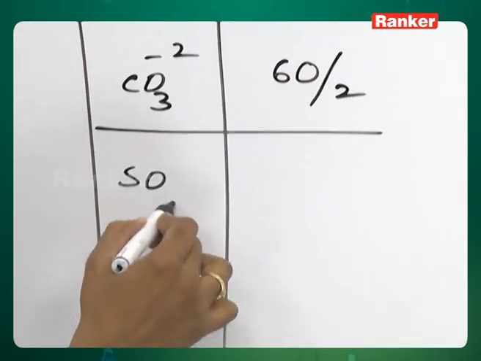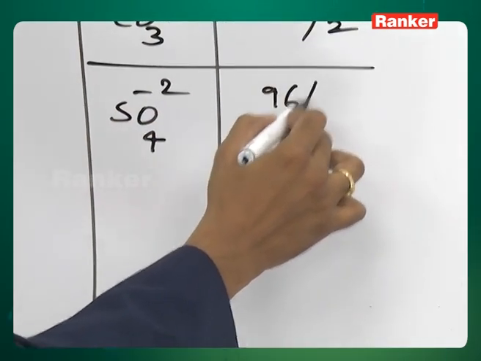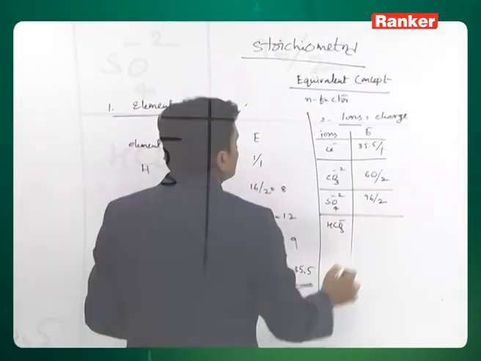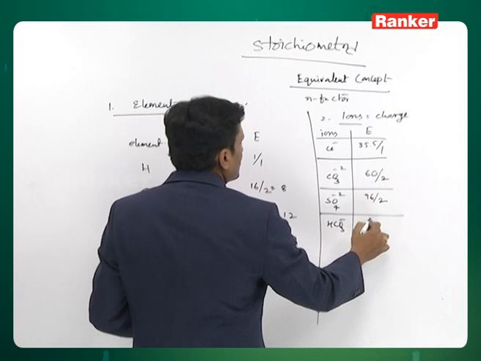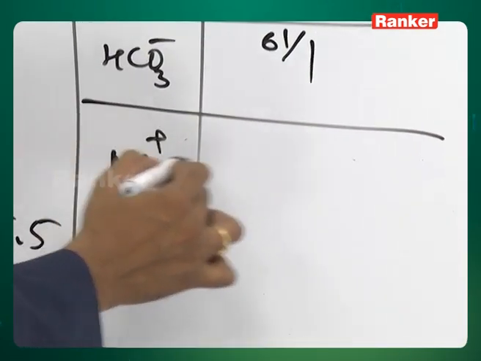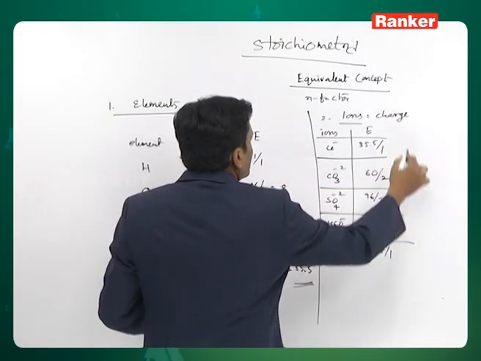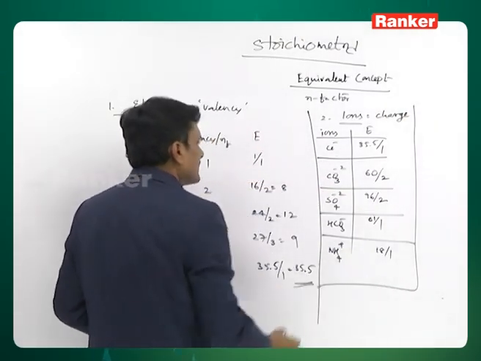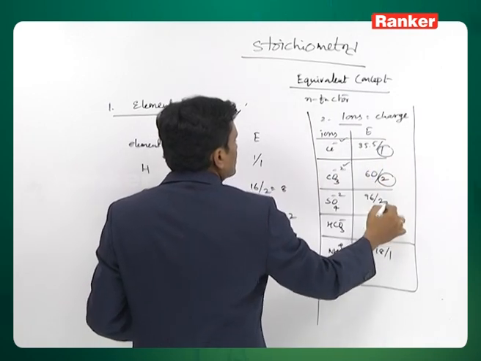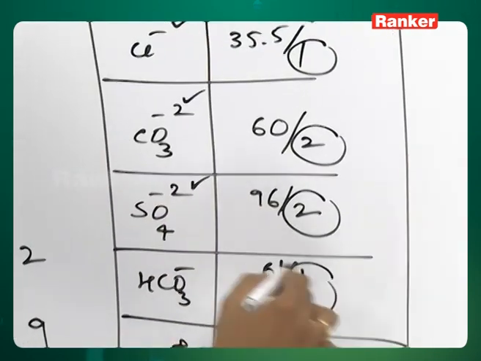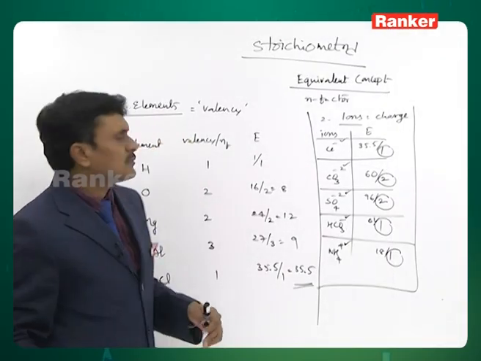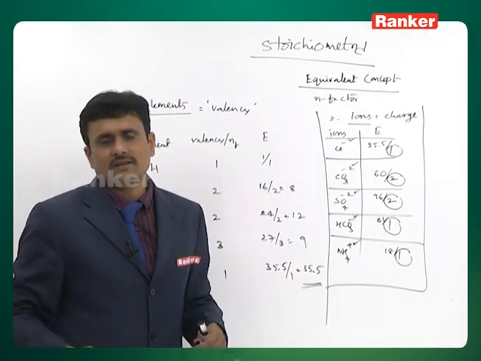If you are writing SO4 minus 2, 96 upon 2. If you are writing HCO3 minus, which is 61 by 1. Say you are writing ammonium ion, its molar mass or formula mass upon the n factor. N factor you can see straight away is the charge, the amount of the charge that is present on it. So, this is about the n factor of the ions.